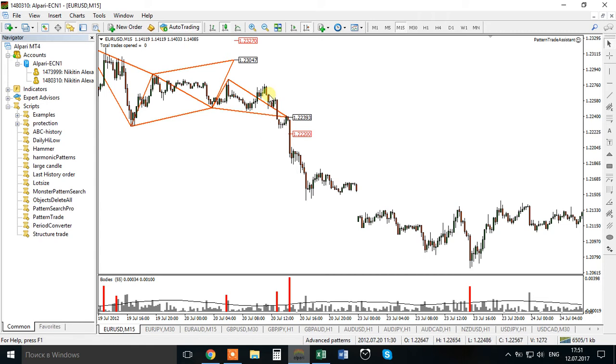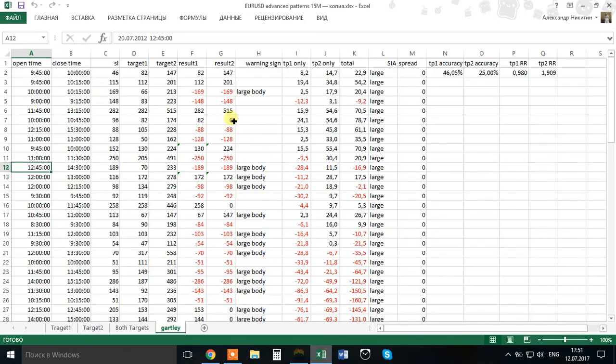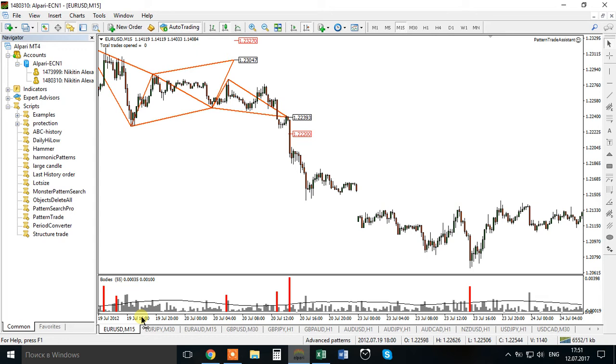So if you have the large expansion bars in advance, then of course you just don't enter. Okay, not always do large expansion bars appear with losses. They also appear with some winners. Let's go to this example, 2012 7 26.